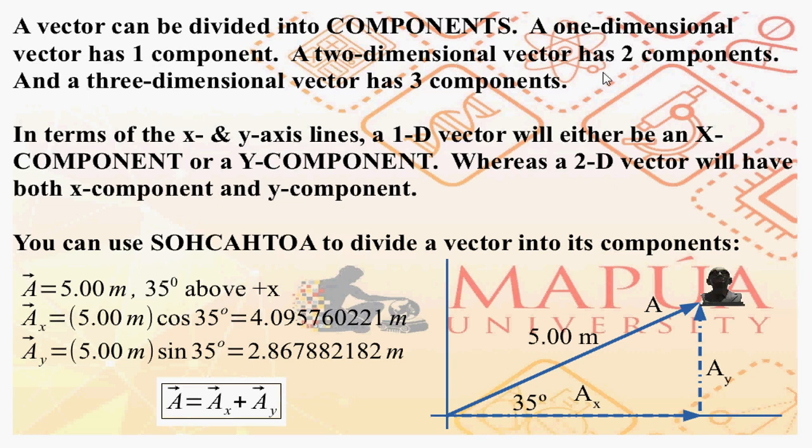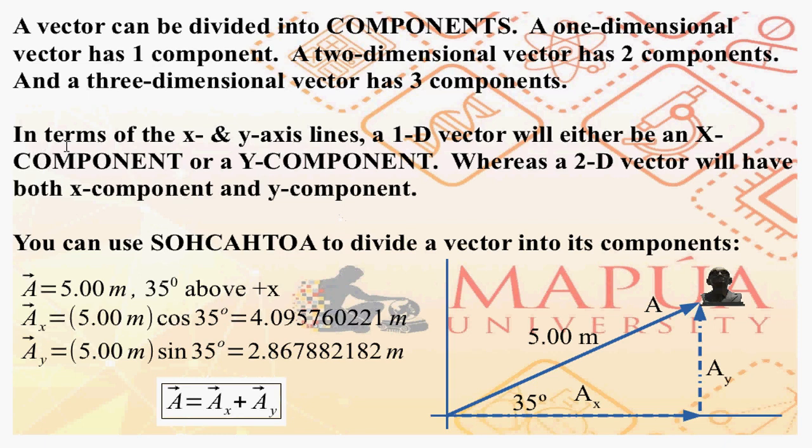A two-dimensional vector has two components, whereas a three-dimensional vector has three components. For the most part, we'll be limiting our discussion to the x and y components, so up to two-dimensional vectors, in our discussion of the component method.